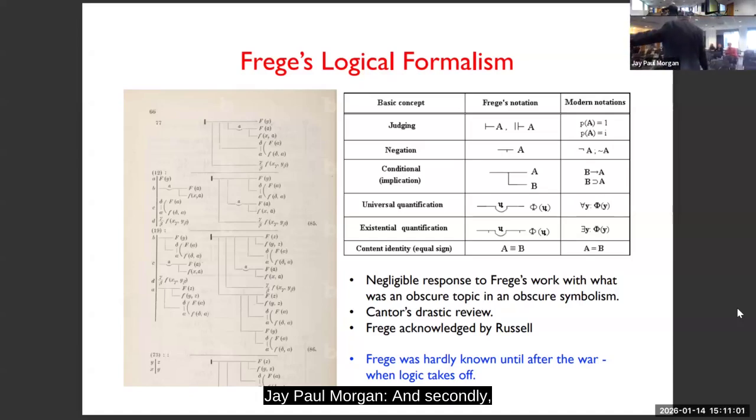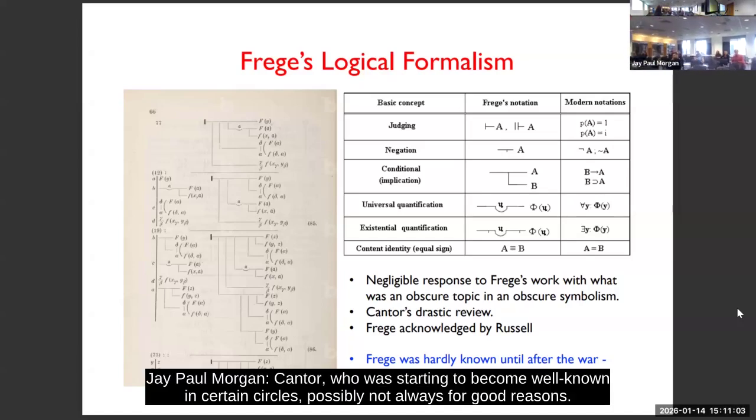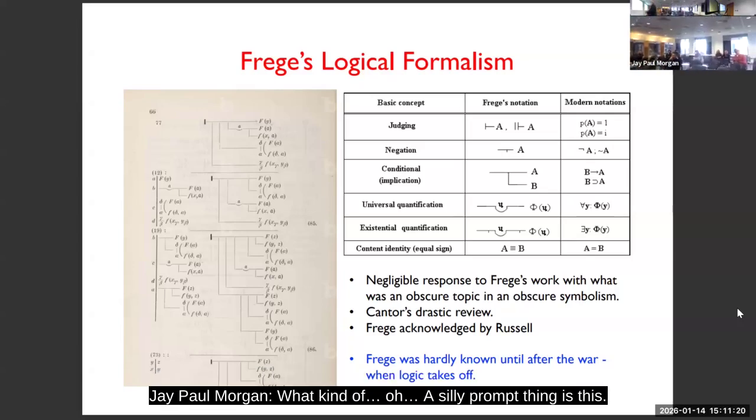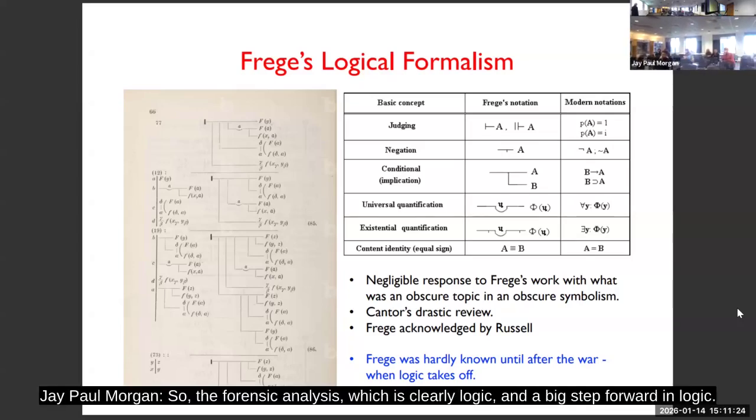And secondly, Cantor, who was starting to become well known in certain circles, possibly not always for good reasons, with his controversial work, wrote a devastating review of Frege, being really very aggressive.